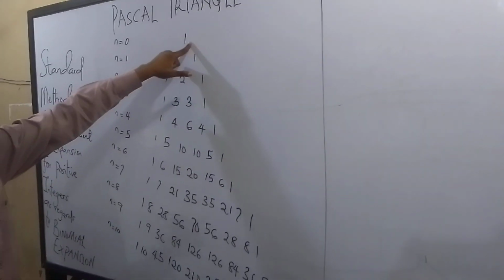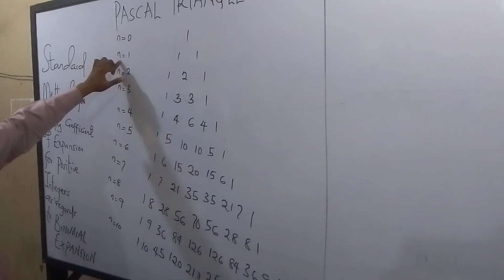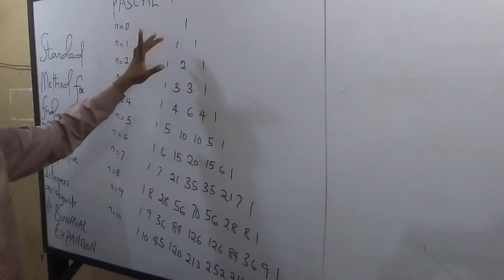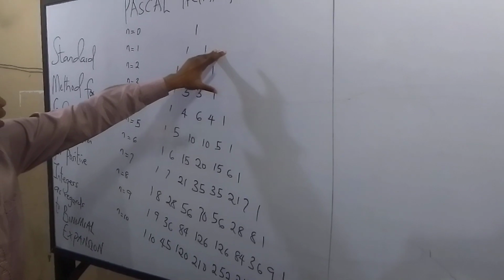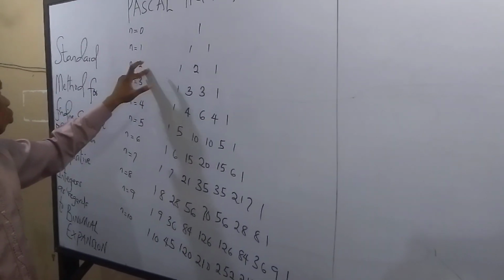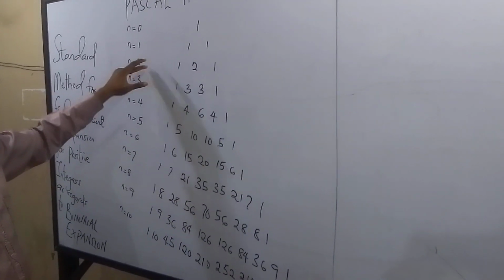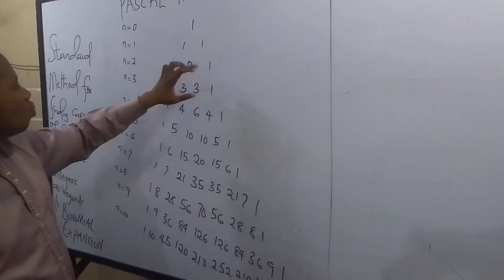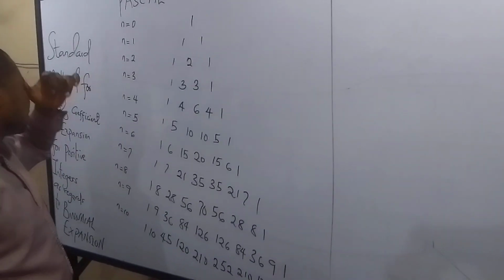That is when you are using Pascal's triangle. When n is 1, what you're going to have as your coefficient is 1 and 1. Okay? When n is 2, that is to say when your power is 2, what you're going to have as your coefficient is actually 1, 2, 1. That is to say, this is how it is being derived.